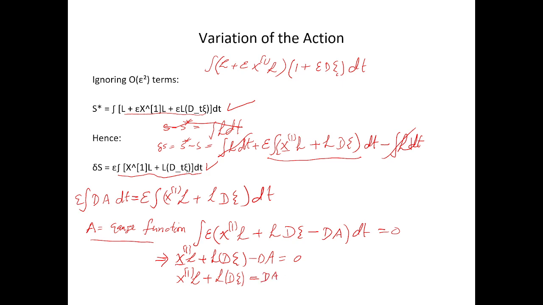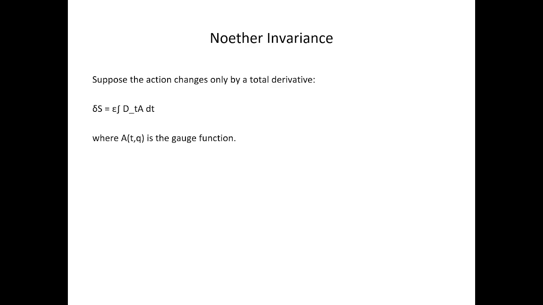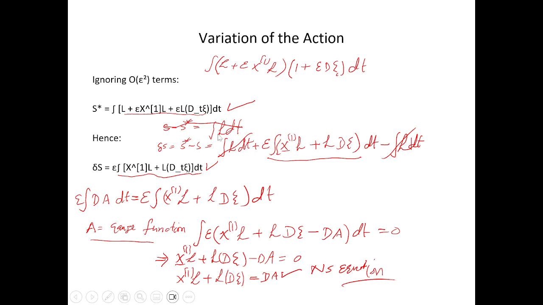This is the Noether symmetry equation, and we write it on the slide after it. So the divergence term is, you see over here, this one.